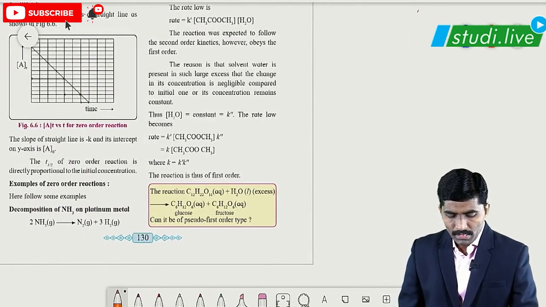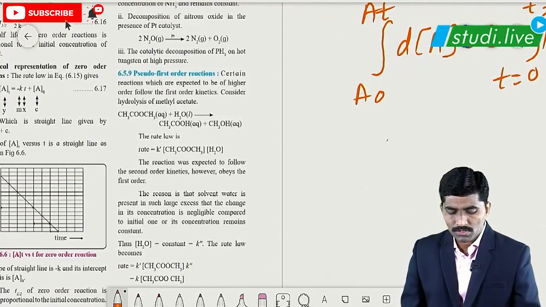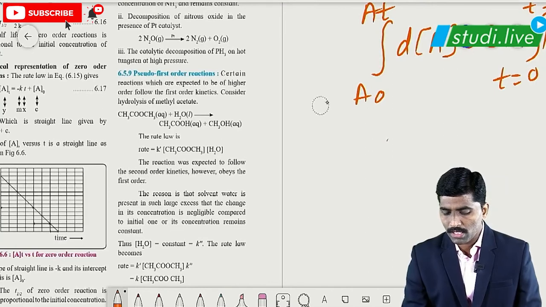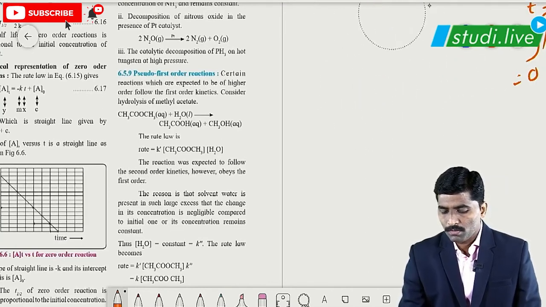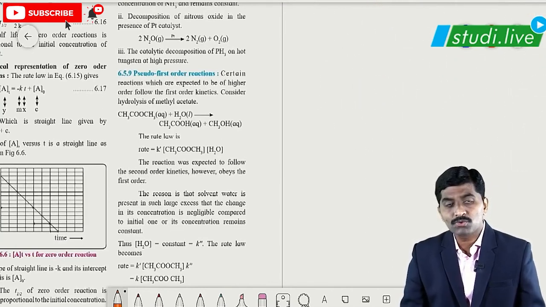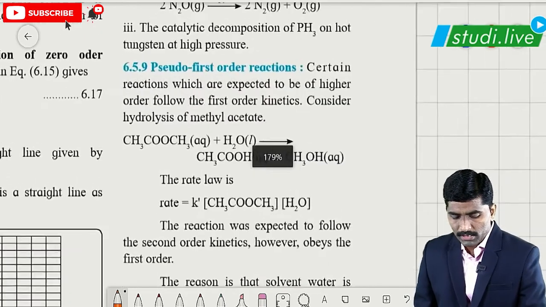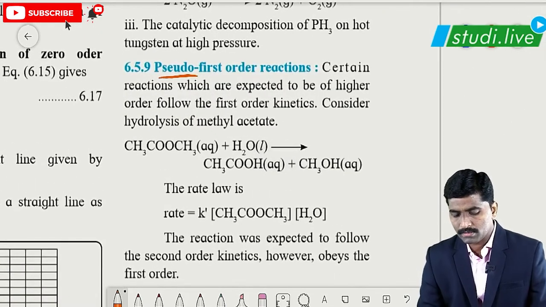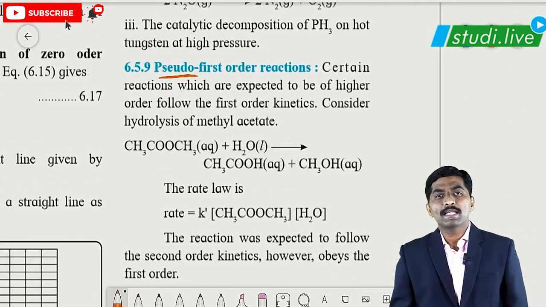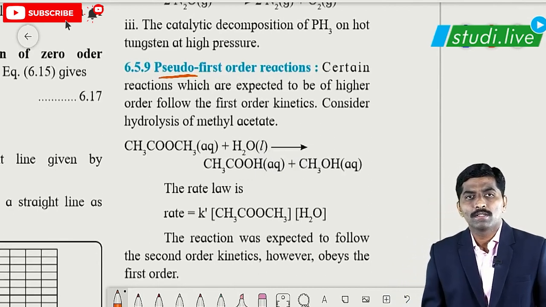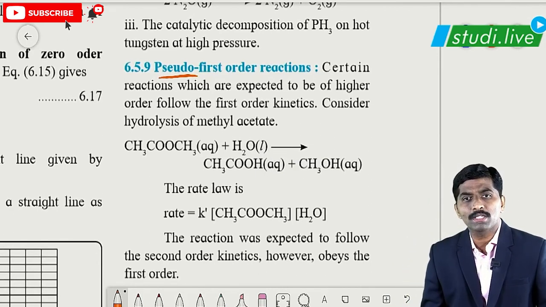Then we have the pseudo first order reaction. And how is it derived? First of all, what do you mean by pseudo? Pseudo stands for, students, false. So basically it is a higher order reaction, but it appears to be of a lower one.